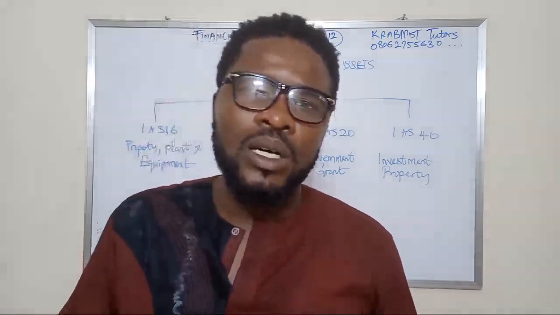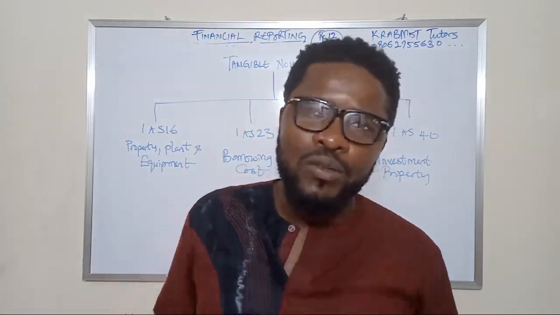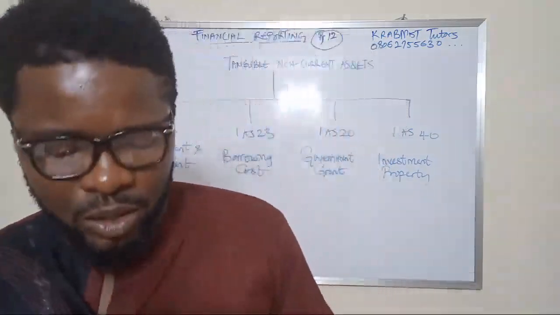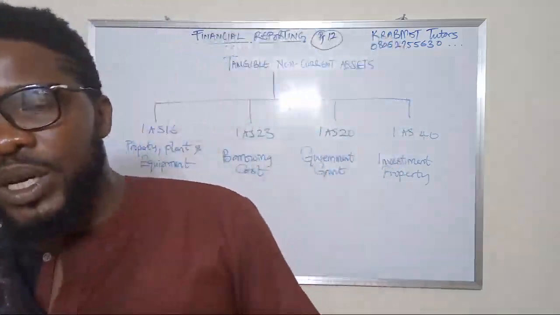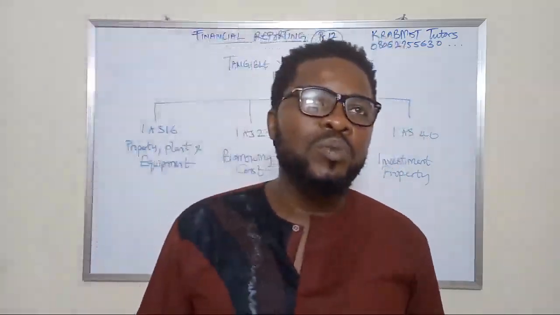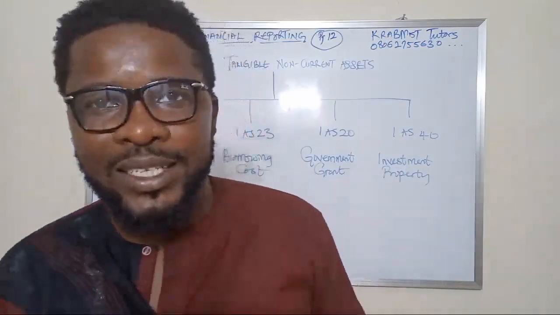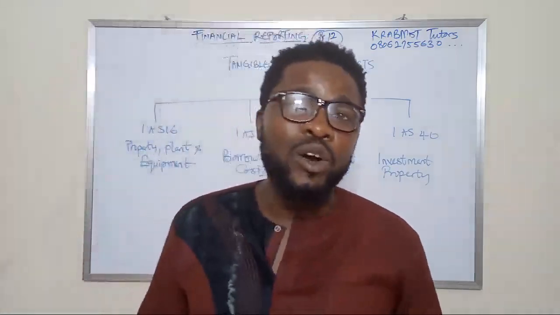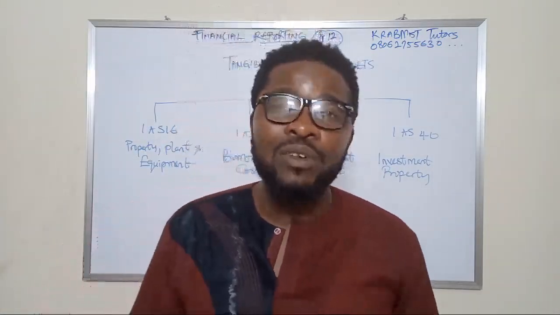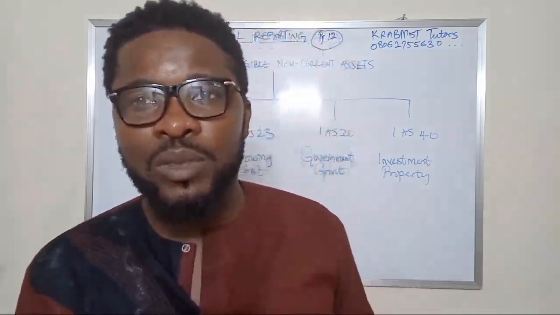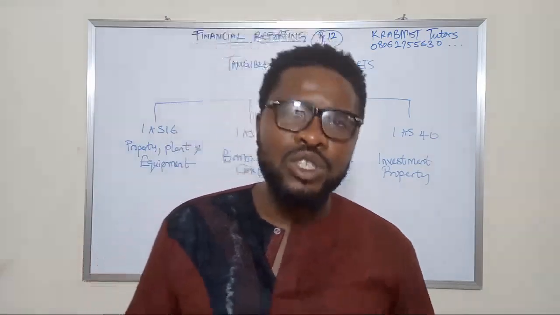Now, there is another way of recognizing it also. There's a cost model, there's a revaluation model. We talked about a building which falls under IAS 16, that you had at $100 million and you now revalued it to $120 million. How do you do this treatment?